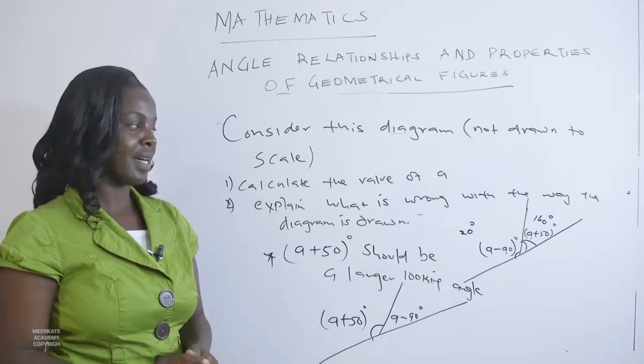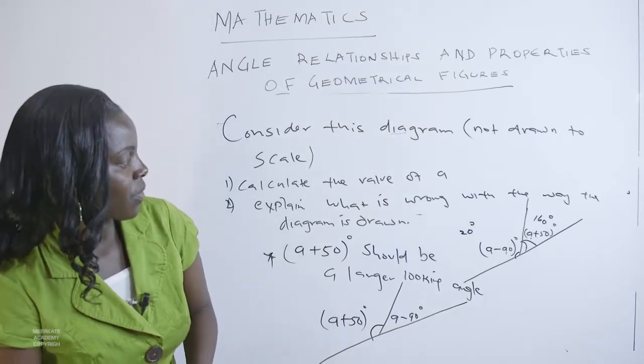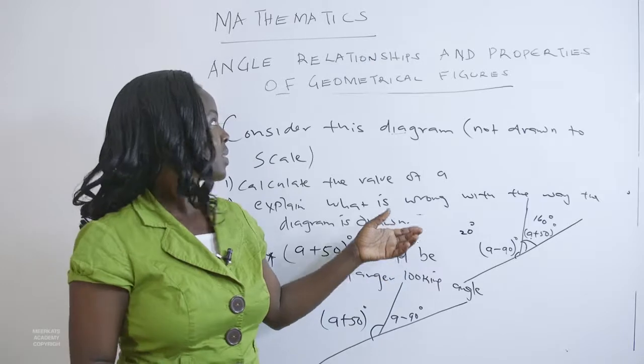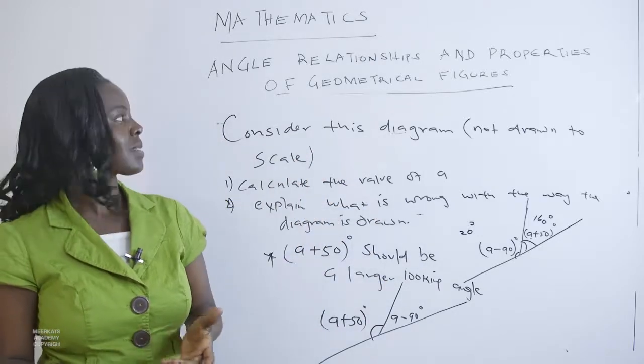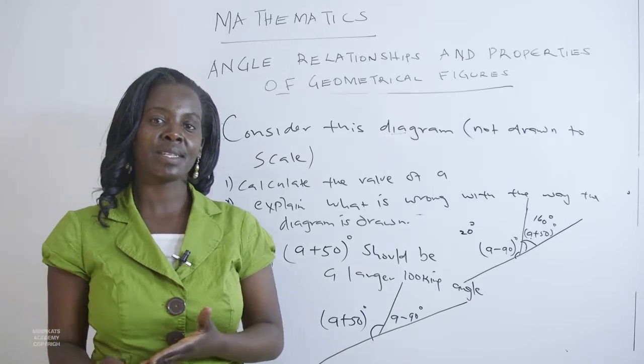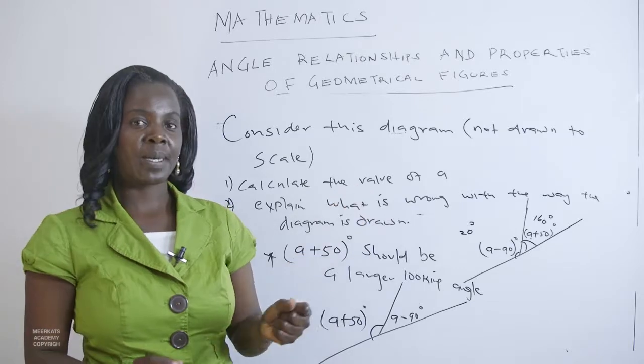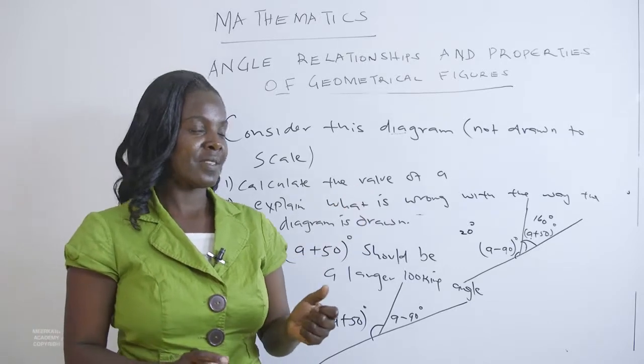So today we have learned about the angle relationships and properties of geometrical figures, and we started by looking at the definitions of terms used in this topic. We have looked at the different types of angles.